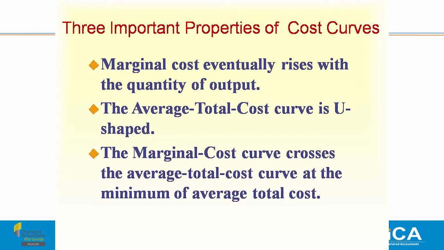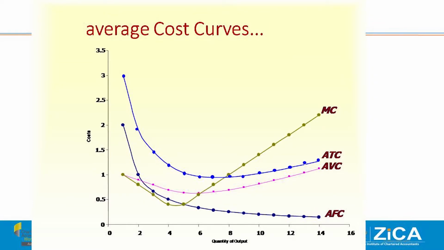In other words, it is at the minimum point. That is where these curves will have to cross each other. That is very important because the curves that have been produced in past examinations have not been very impressive. So candidates must practice how to draw these curves from the information that might be given.